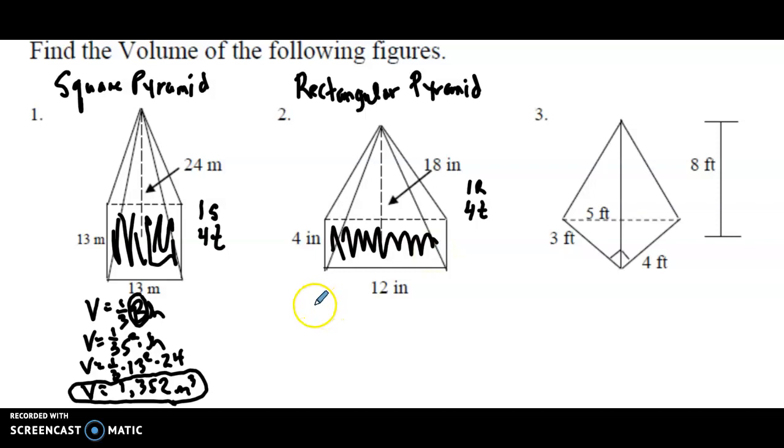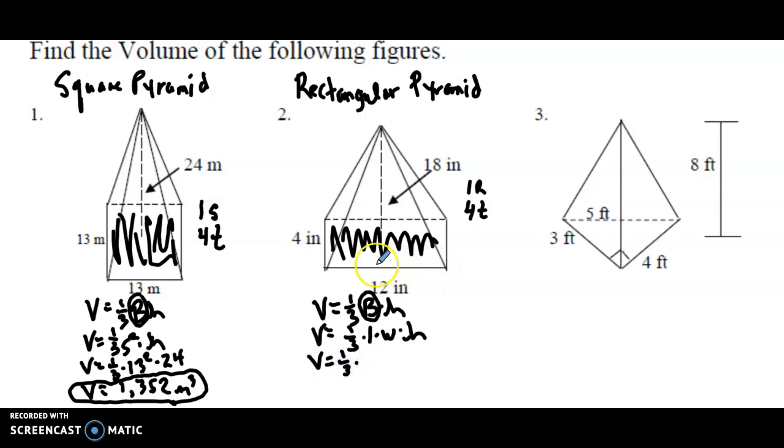And formula V equals 1/3 capital B times cursive H. Formula for the base, it's a rectangle, so it'll be 1/3 length times width times height. 1/3.